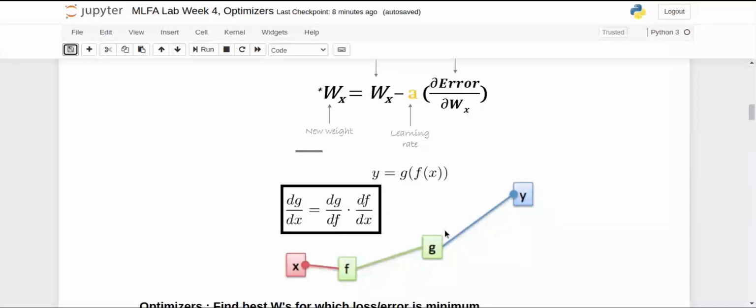So dg by df is that part, and df by dx is for that weight. If the number of layers increases, then this multiplication will increase.